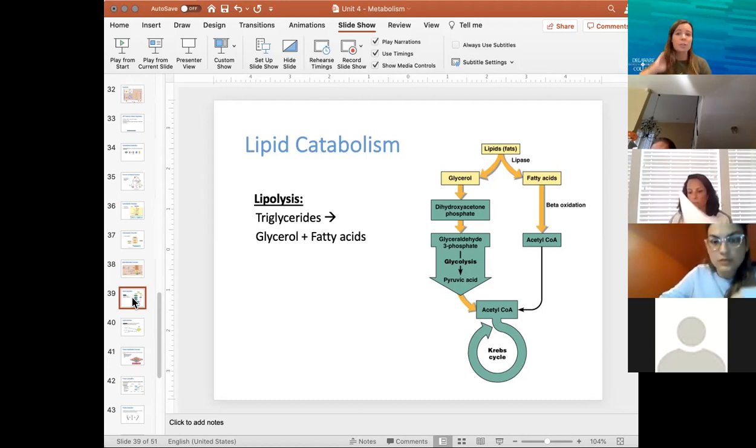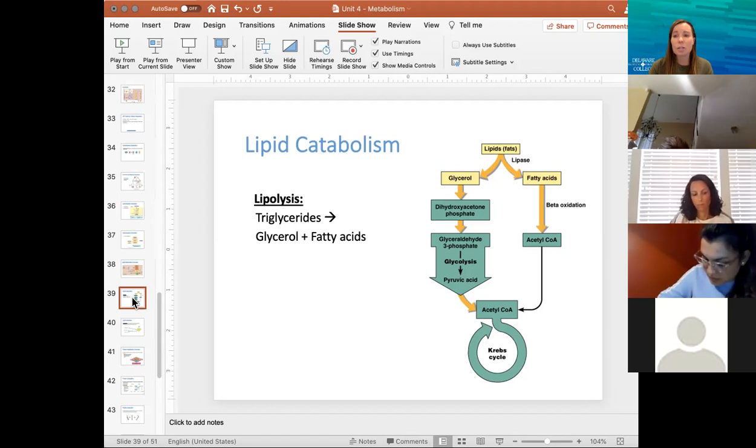Okay, so eventually, those ketone bodies, they're acids. Those ketone bodies are all acidic. But eventually they can be used. They can be converted back to the components of lipids that they came from and just be broken down for energy.